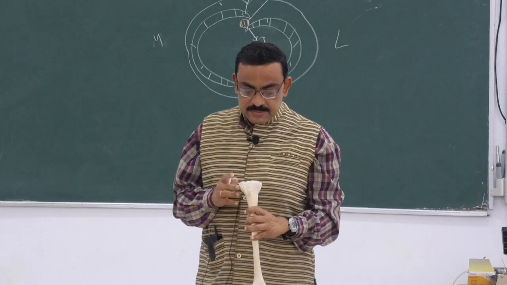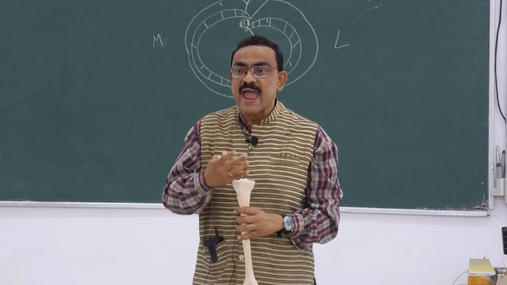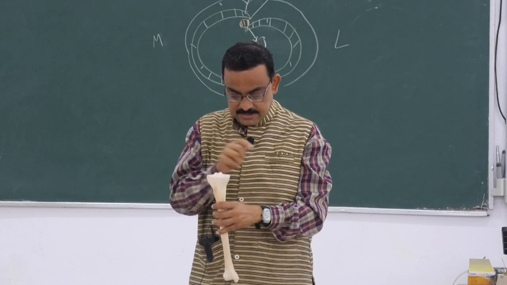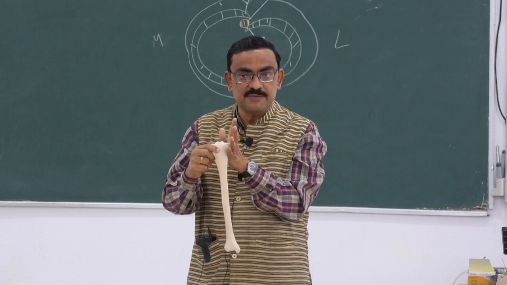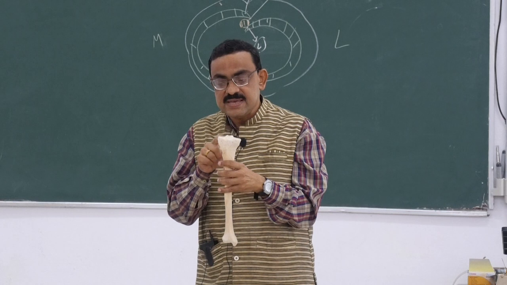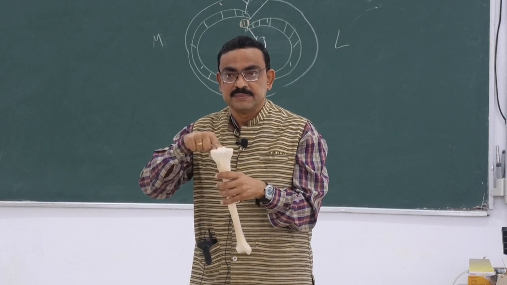Now, this upper end has got anterior surface, posterior surface, this is the medial surface and the lateral surface. And we can see a border. Okay.